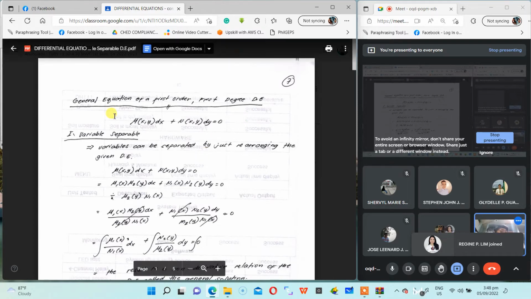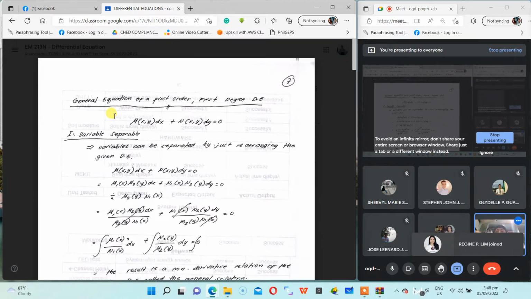In variable separable, it follows the standard form having M of x,y dx and N of x,y dy, meaning it has combined variables for dx and different variables for dy. The way to solve variable separable is to separate by just rearranging the given differential equation.